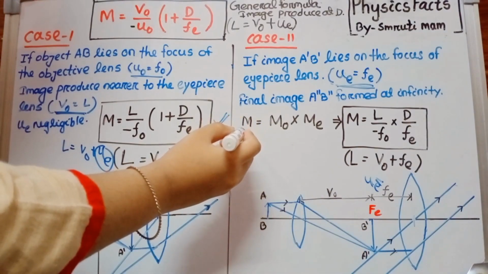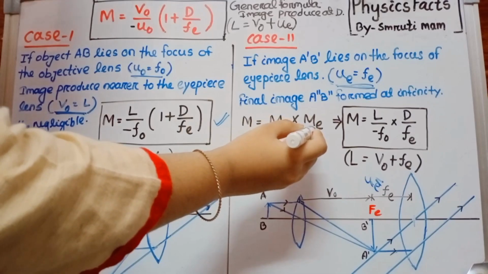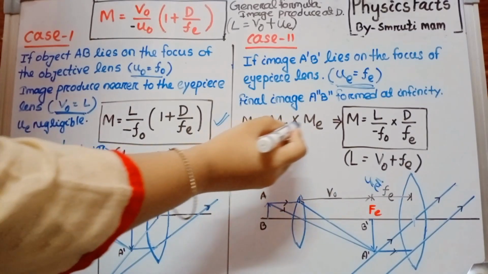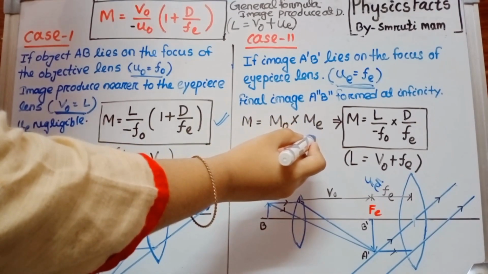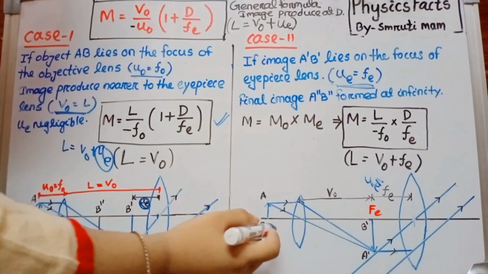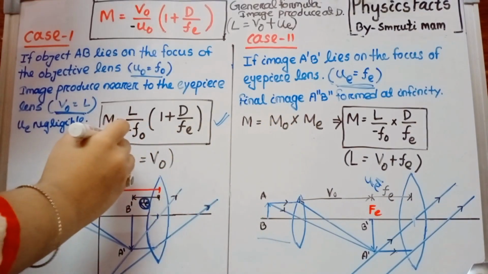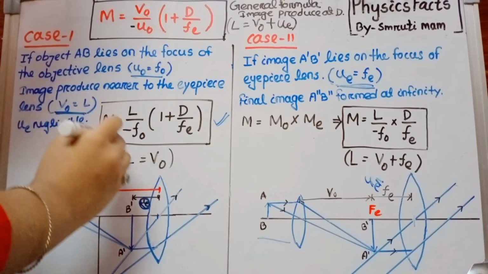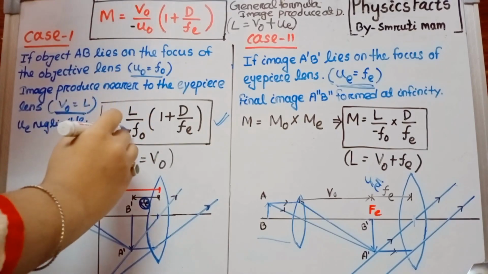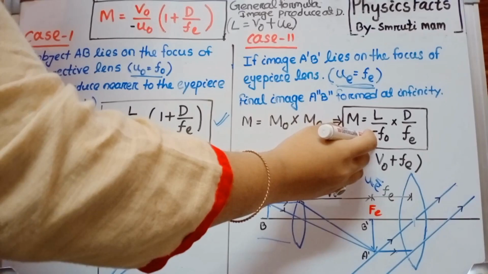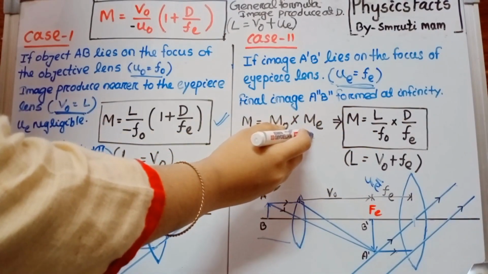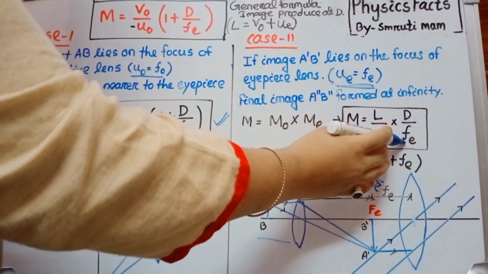Now we go to what the magnification is in this condition. The magnification equals MO into ME, that means the magnification of the objective lens into the magnification of the eyepiece lens. Here we already discussed that the magnification of the objective lens is L by minus FO, and the magnification of the eyepiece lens is D by FE.